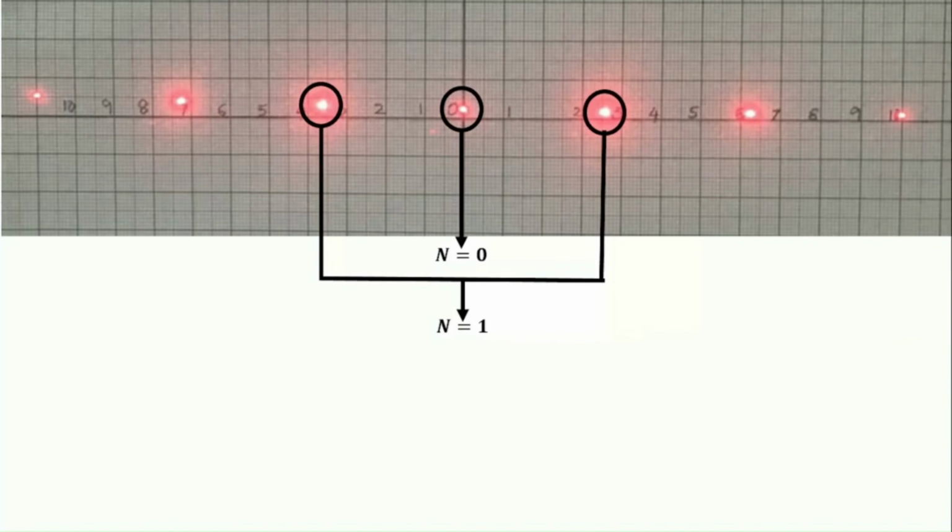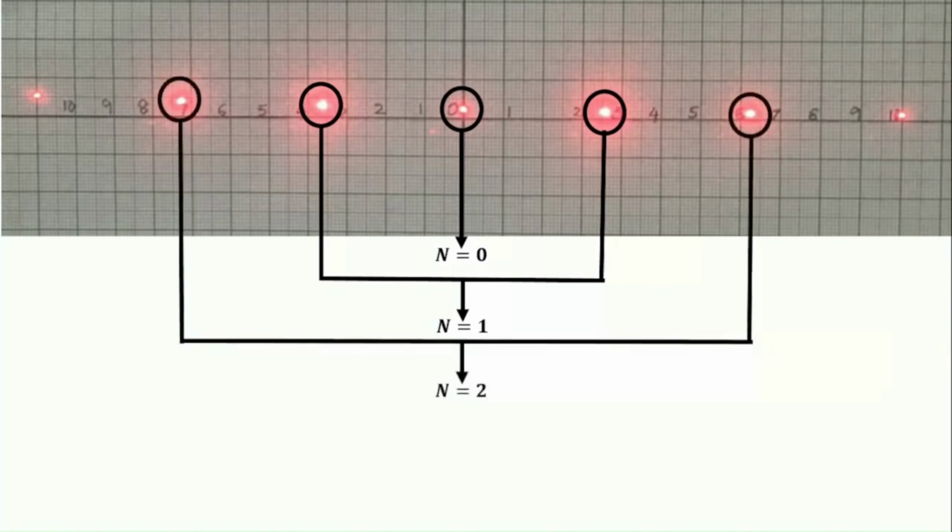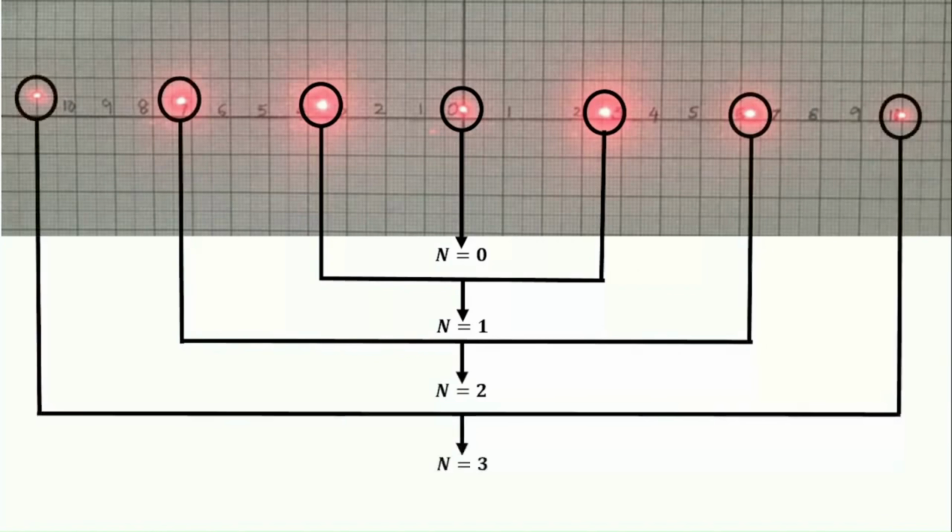The second bright spot on either side of the 0th order is called the second order or second maxima. Similarly, the third bright spot on either side, we call it the third maxima or third order.